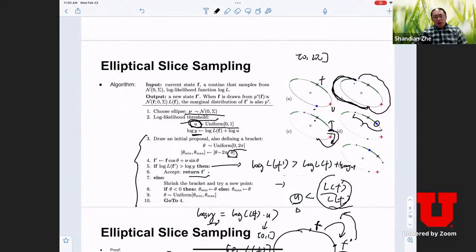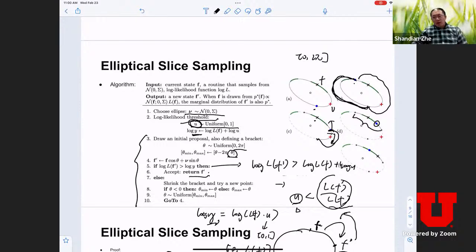They just want to find f prime such that log f prime is bigger than log y. So in the extreme case, if they shrink theta to 0, the condition will always be valid, with the new point being the old point. So it won't loop infinitely here.